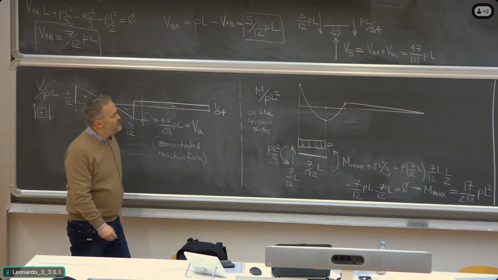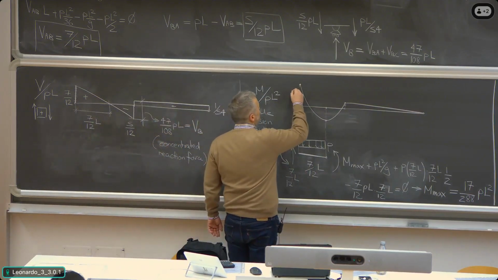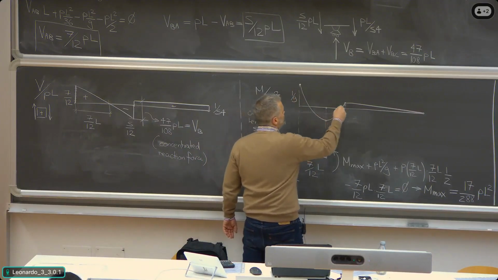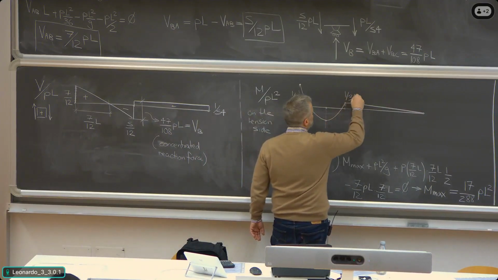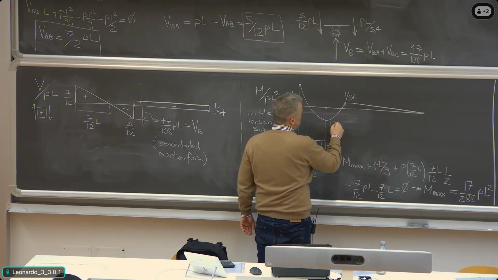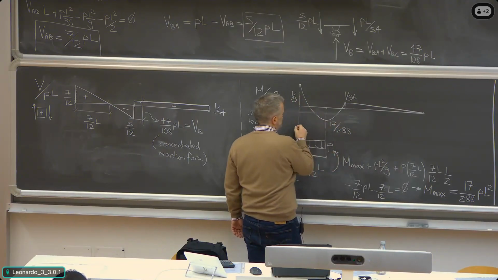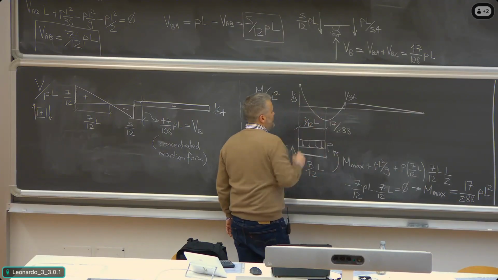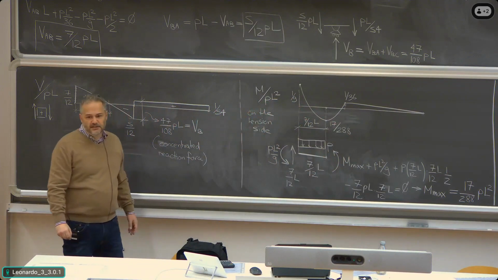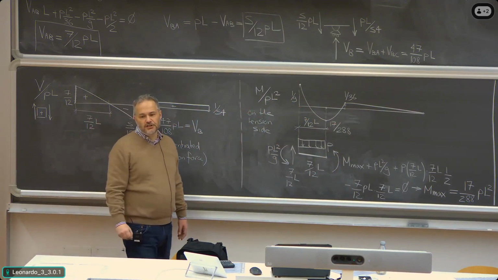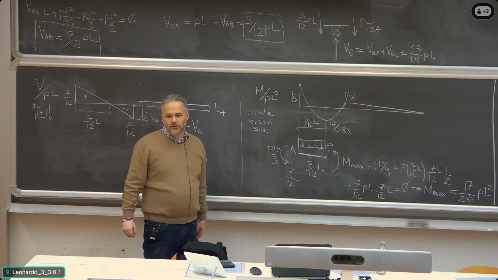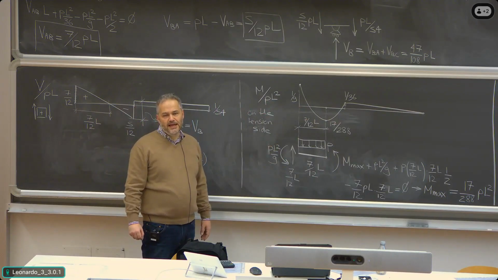Nice parabola with the values that are 1 over 9, 1 over 36. This is 17 divided by 288, located at 7 over 12. This is all I need in the solution of such a type of problem to know that you got all the numbers and the physical behavior right. Okay?